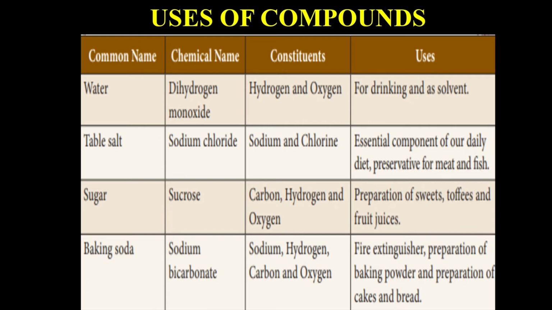Baking soda. The chemical name of baking soda is sodium bicarbonate. The constituents of baking soda are sodium, hydrogen, carbon and oxygen. Baking soda is used as a fire extinguisher. Baking soda is used in the preparation of baking powder and in the preparation of cakes and bread.